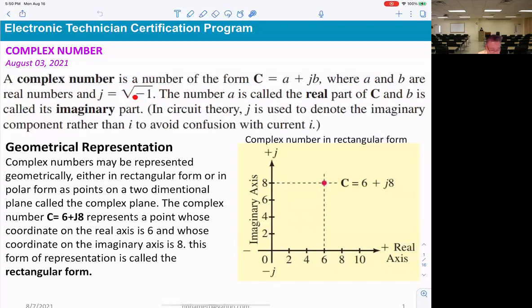That is the imaginary number. The number A is the real part of C, and B is the imaginary part. J is used to denote the imaginary component rather than I. I want to use J, okay?